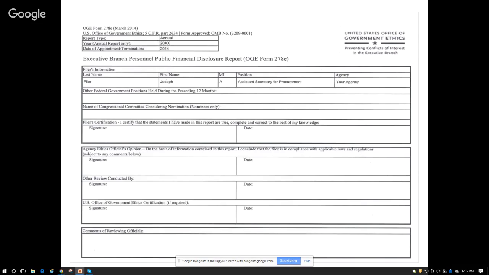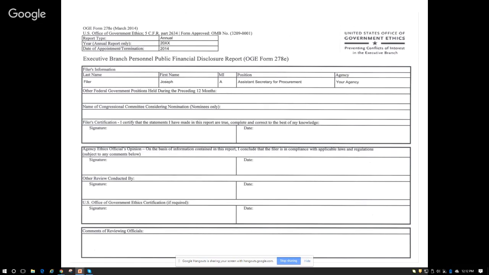For our purposes here at this lecture, we're ignoring the fact that the report has not been signed and dated by the filer. Okay, it's a bit of a rehash. As you know, our review is a two-step process. First, this is a congressionally mandated duty, and we have to make sure that the filer has filled out the report fully and completely.